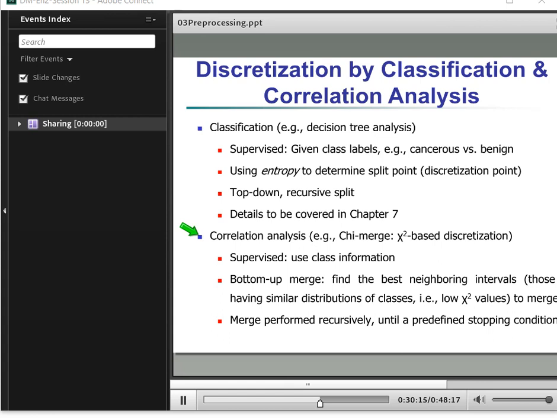This means that during the binning process, we merge two adjacent bins.